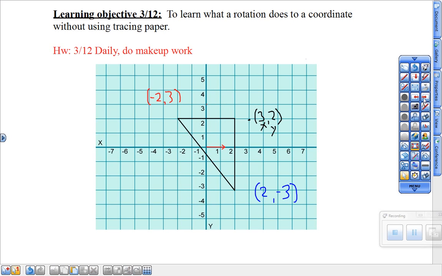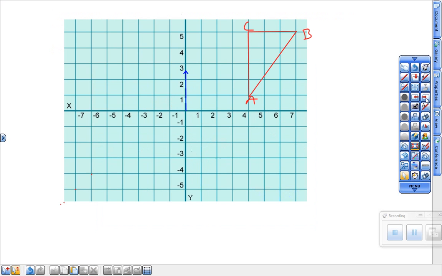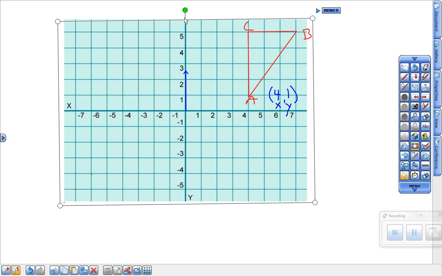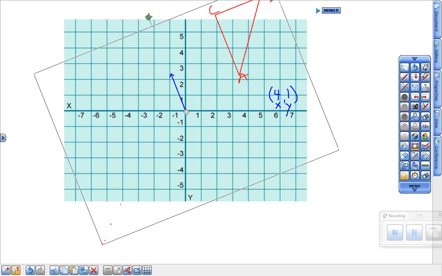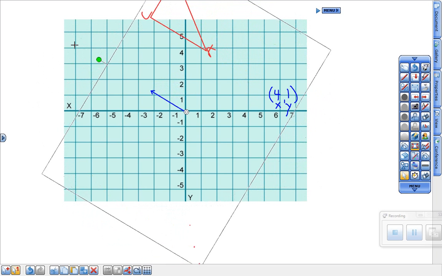So one more example of that, and that is this one right here. If I look at point A, originally it is 4 for x, comma 1 for y. So I went over 4 for x and up 1 for y. If I take that object and I rotate it 90 degrees counterclockwise to the left, it changes the position of that A point.